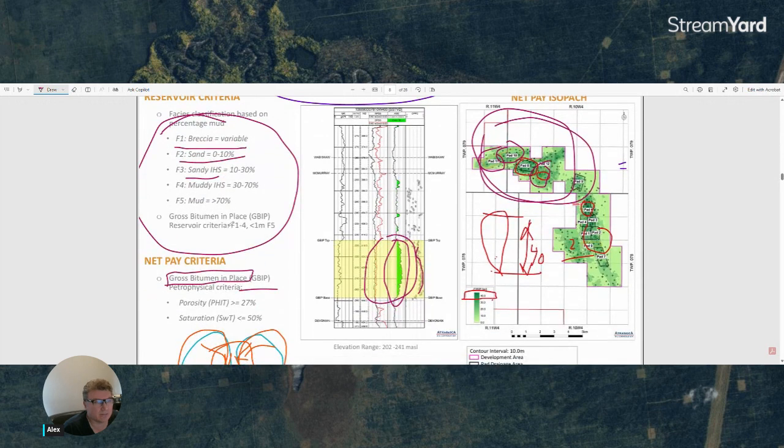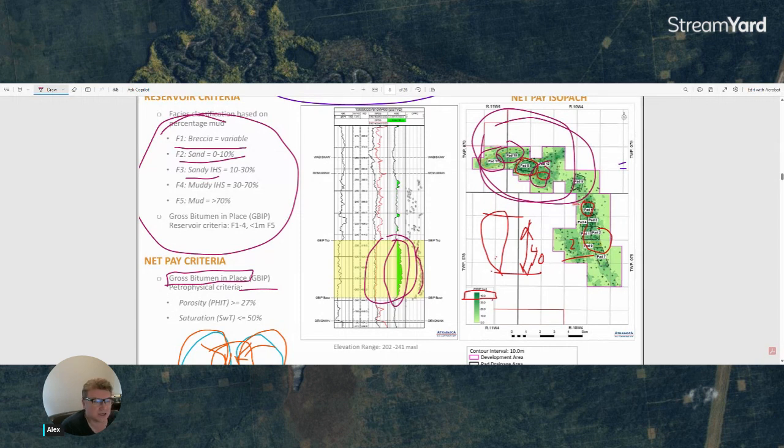When we did the MEG presentations, we talked a lot about this. So IHS, we talked a lot about that. You may recall that. And 30 to 70% content is muddy IHS, and over 70% mud content is basically not classified as bitumen in place because it's not really drainable.